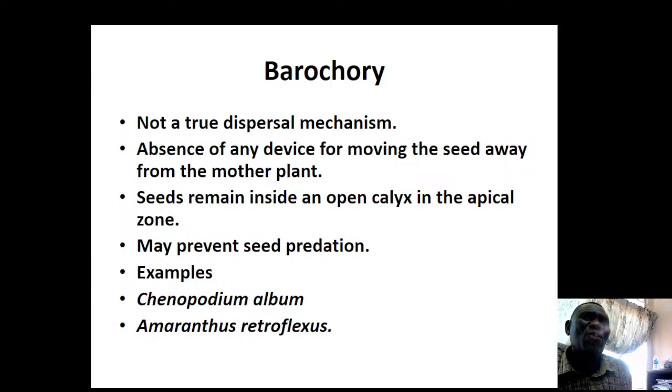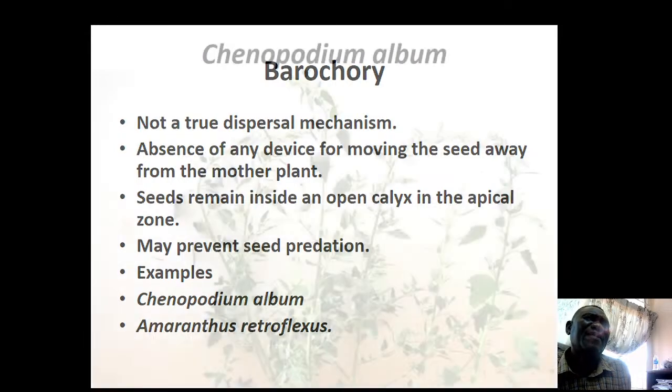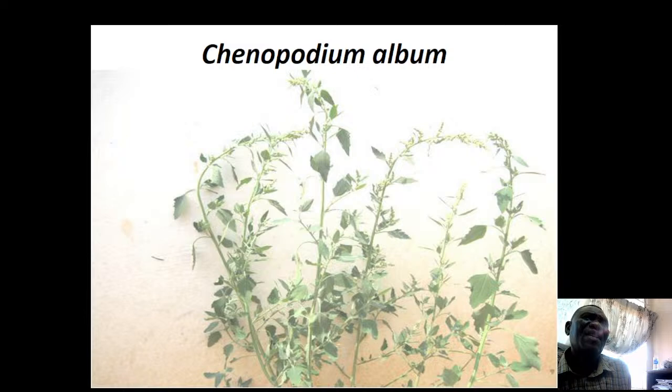They are in an open calyx in the apical zone, or they are just inside the fruit. This may prevent seed predation. Examples are Chenopodium album or Amaranthus erythroflexus. This is Chenopodium album.